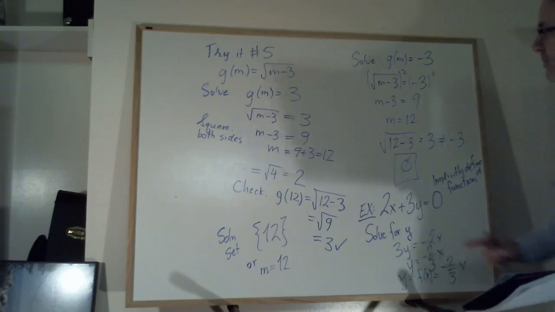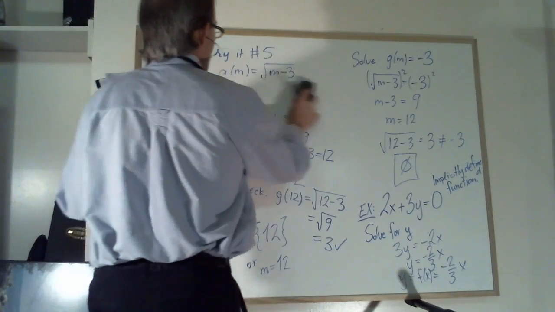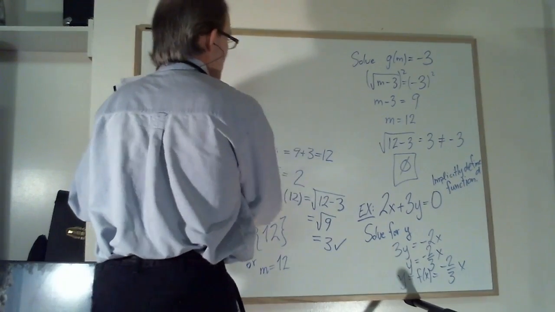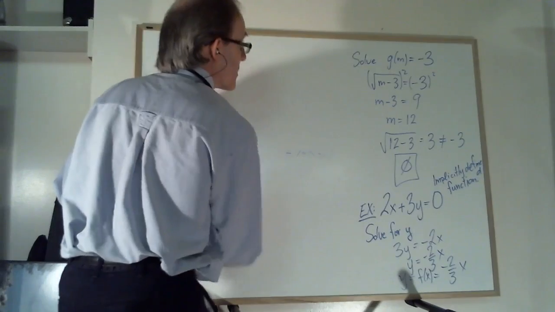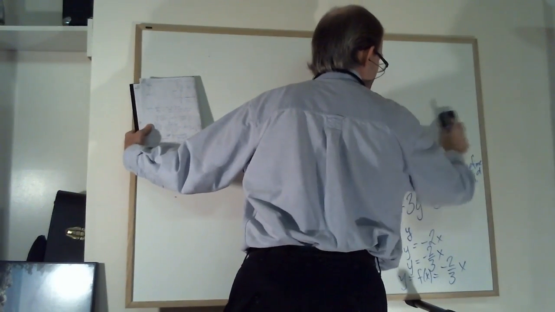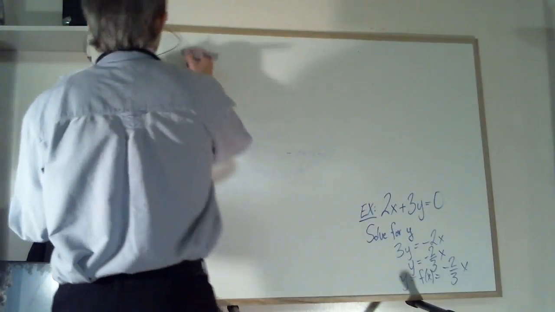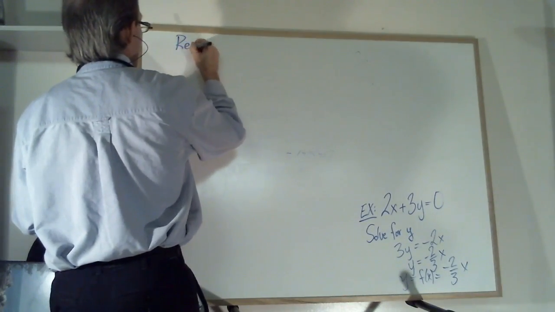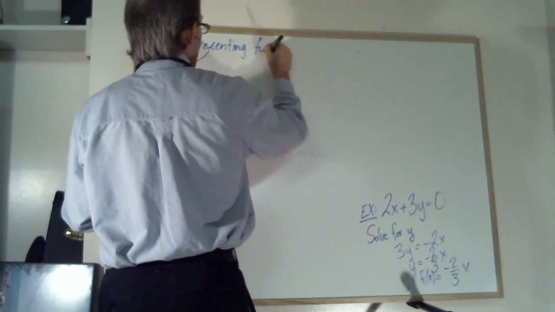Okay, so how do we represent this function graphically? Well, as you know, it's a straight line. So I should call this representing functions using graphs.